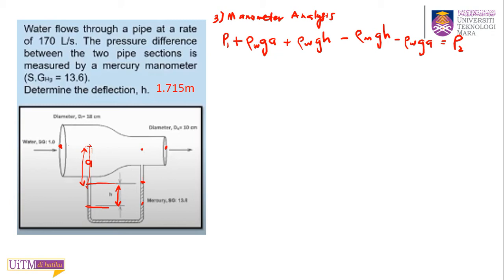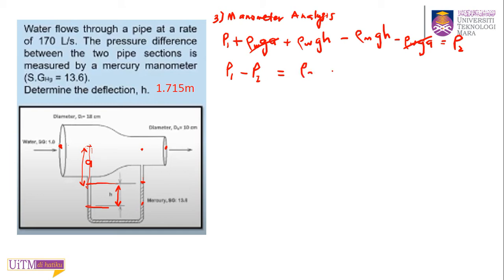Okay, just ask me if you don't get it. Now you can cancel out this, because this minus this is the same, boleh potong. So bring your P1 and P2 to one side, because you already get your P1 minus P2 value. So you bring this term to the right hand side.